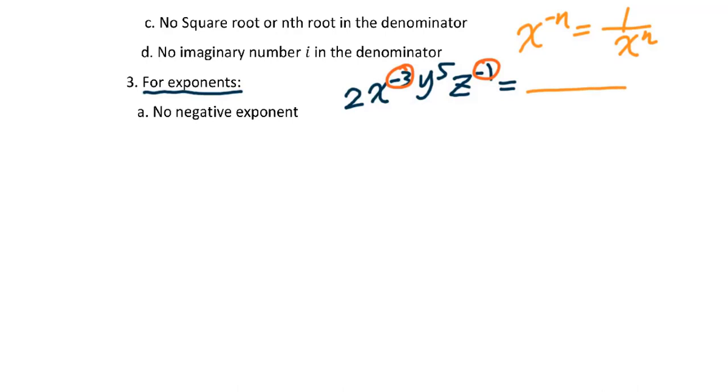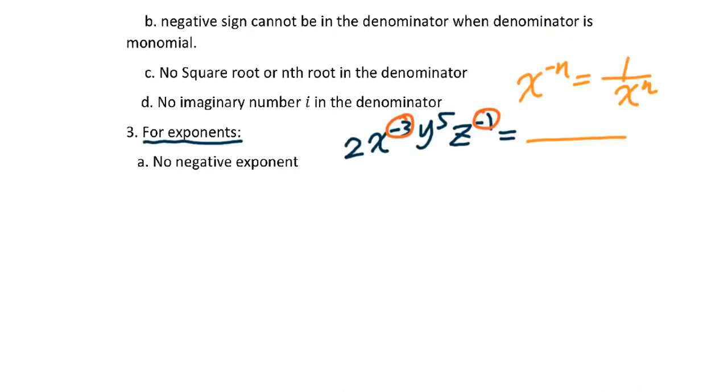So we have a division line. Only negative exponents go to the denominator. So we have x to the third power, z to the first power. Top, you will get 2y to the fifth power.